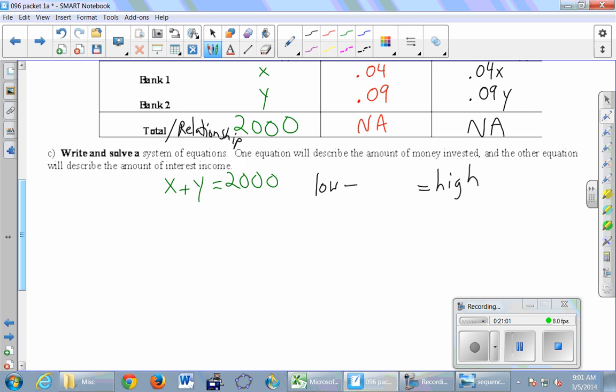To make it true, we have to build up the 37. You don't need to add to the high, you need to add to the low. But the amount of interest we got from the low is exactly this 0.04x. That's what that represents. So this is 0.04x plus 37 equals the high, 0.09y.